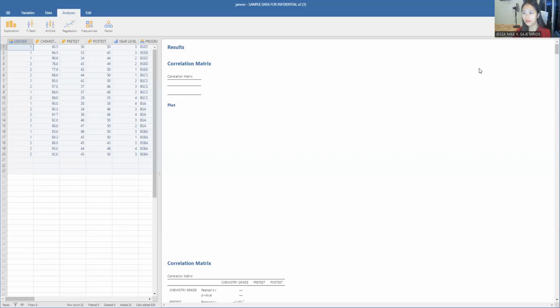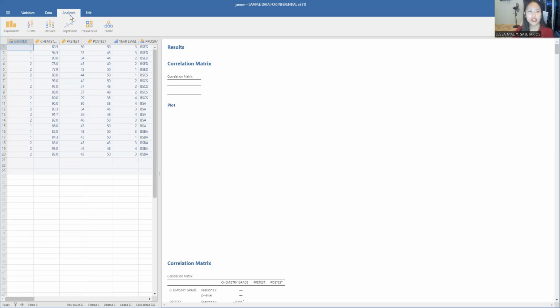Okay, so now let's proceed with two-way ANOVA. So allow me to share again my screen. Okay, so for two-way ANOVA, again, this is same with one-way ANOVA, but the difference is that there's two independent variables na.